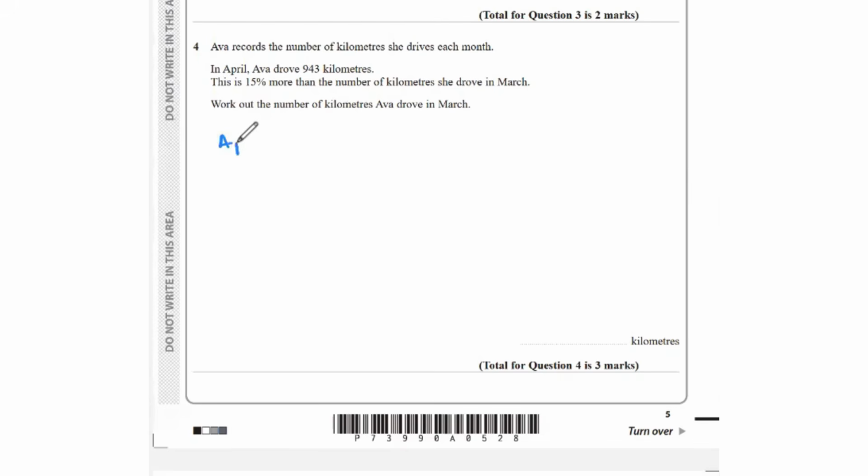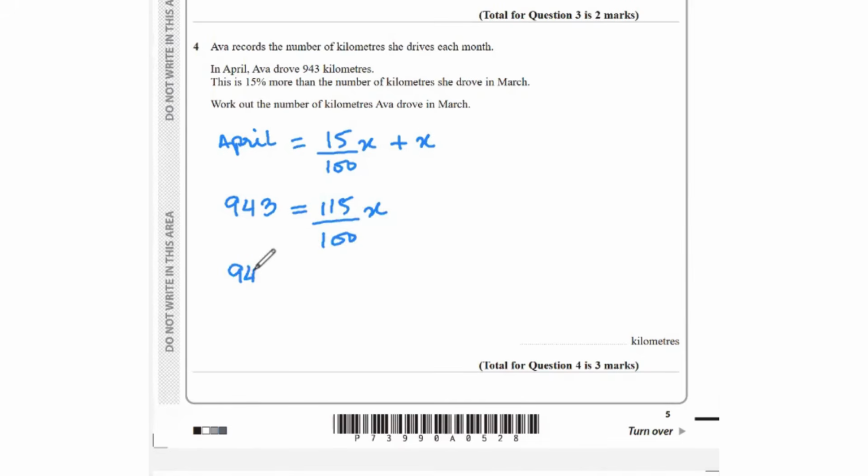So April is basically 15% more than the number of kilometers she drove in March. So 15% of x plus x. So that's 943 equals 115 over 100 x, basically 115% of the number of kilometers you drove in March.